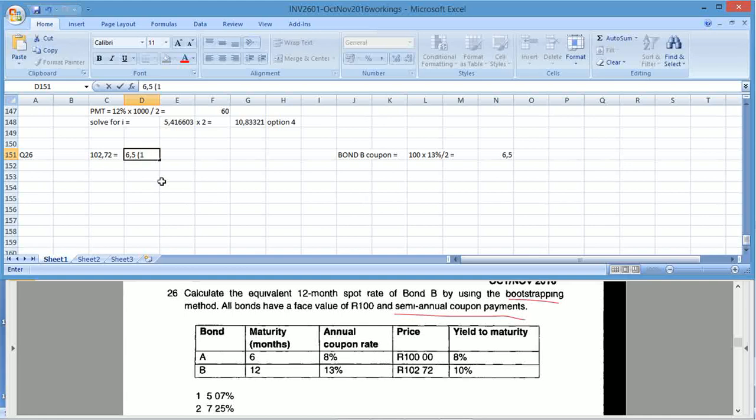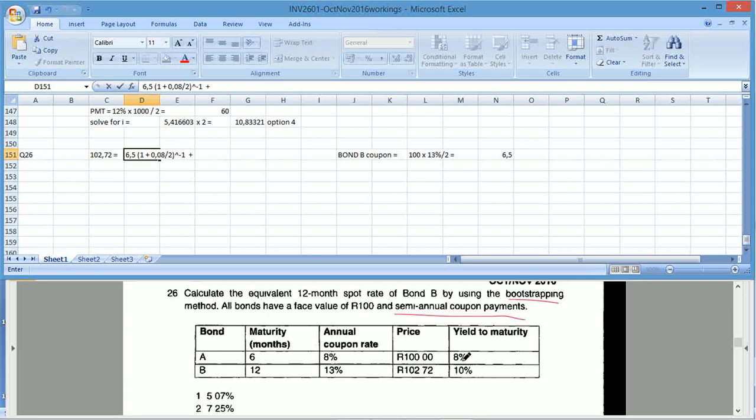So it'll be (1 plus the current 6-month spot on bond A. The maturity is 6 months and the yield is 8%, so plus 0.08 divided by 2), close brackets, to the power -1.